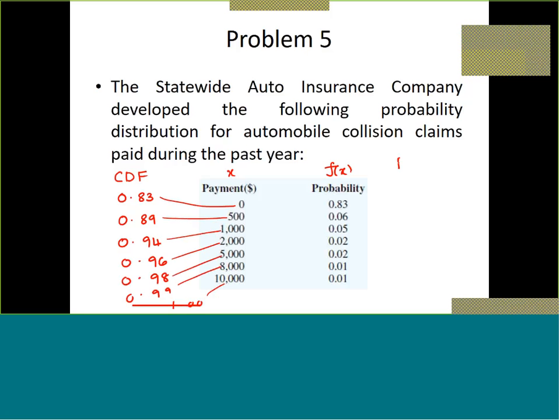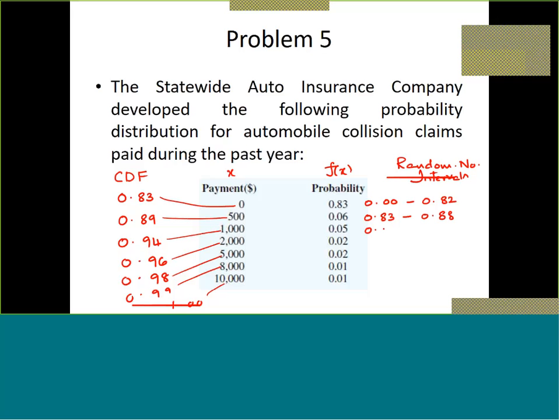Now we need random number intervals. We always start with 0.00 to one below the number. One below 0.83 means 0.82.